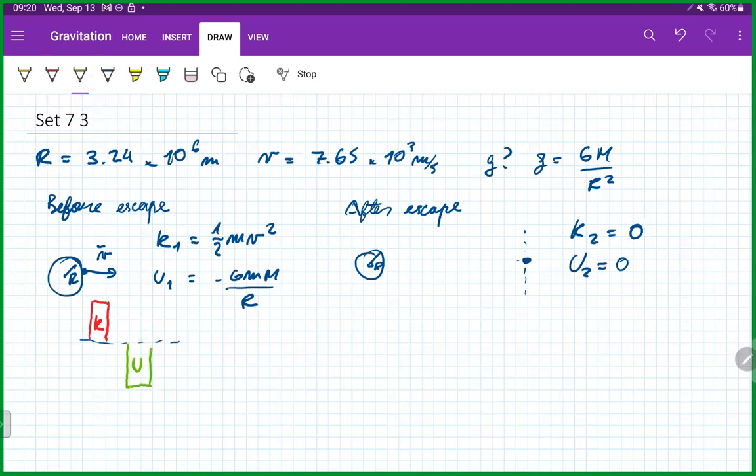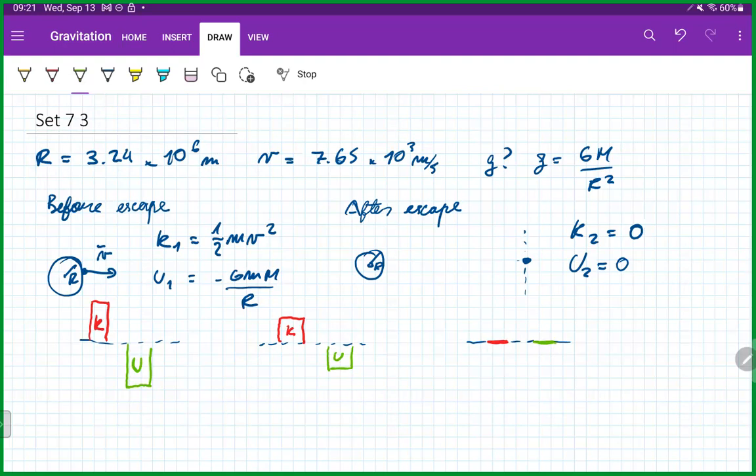But at a midpoint during the escape, the kinetic energy is being depleted because the velocity is being depleted, and the gravitational potential is becoming less negative, going to zero. And at the exact point where the object has escaped, we have both at zero.